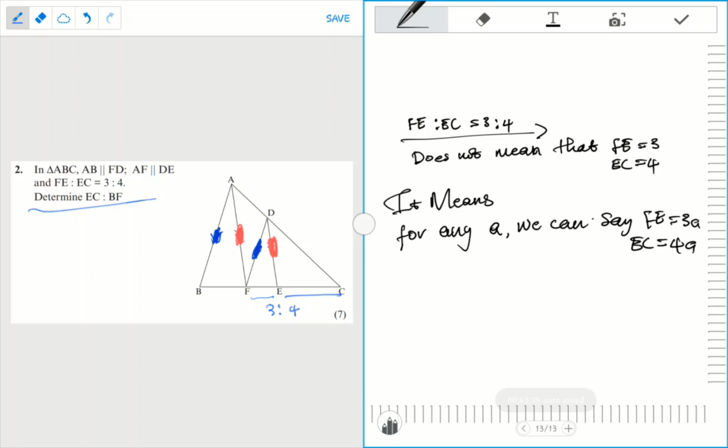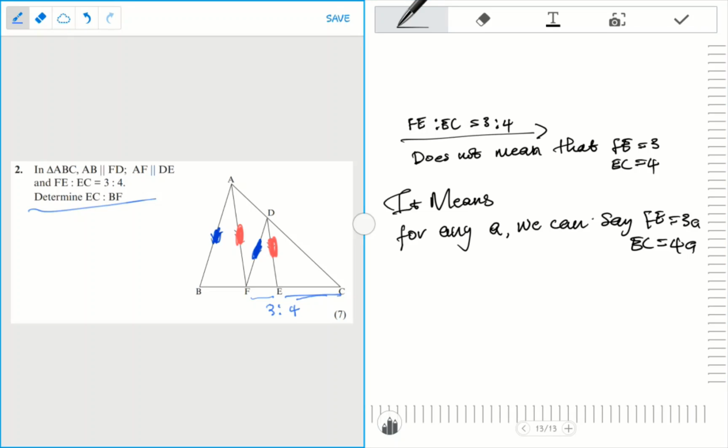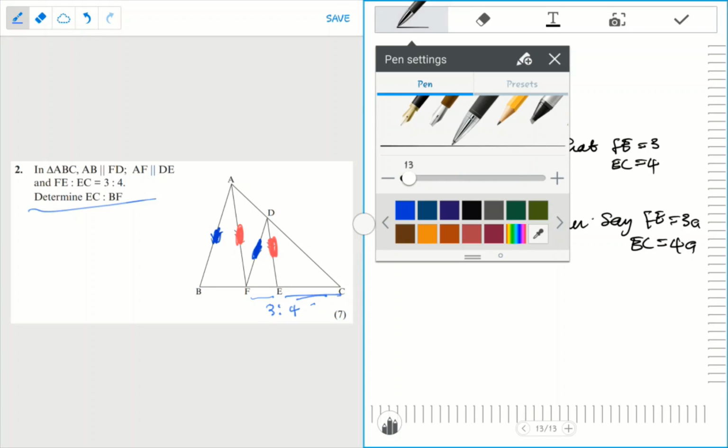Because this can be 12, for example. Let me choose another color so that I can write here.